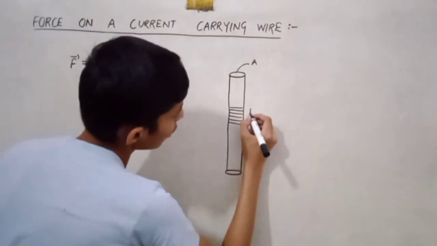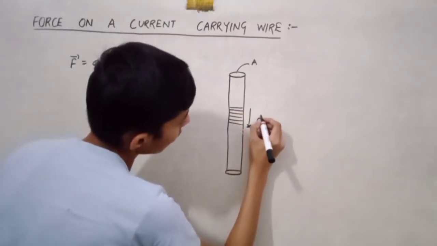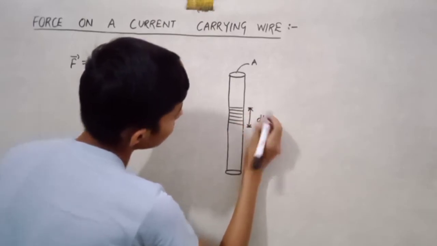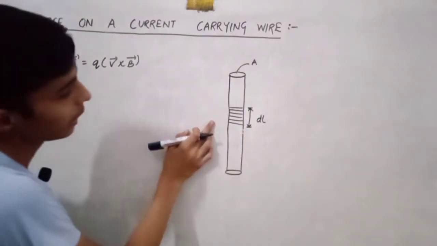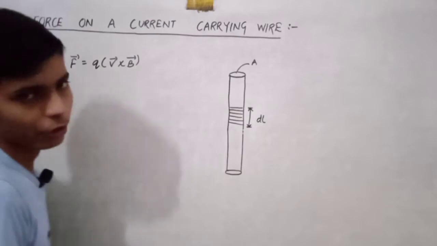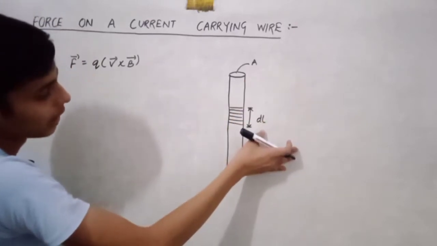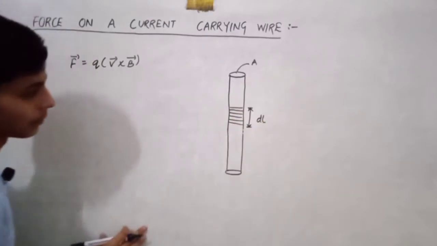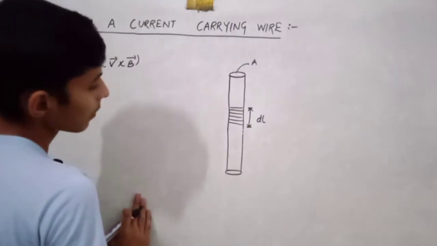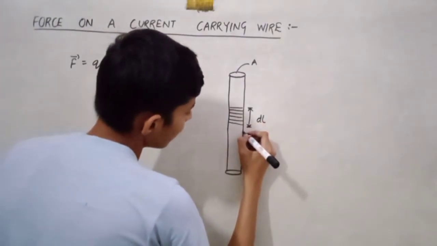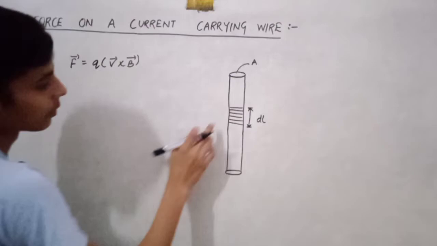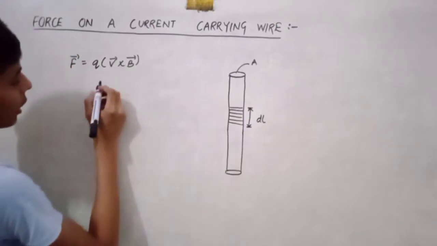So this is our small element of length dl. This is the small element of this wire which has a cross section area A, and the length of the small element is dl. Now we have to find the force due to this small element.